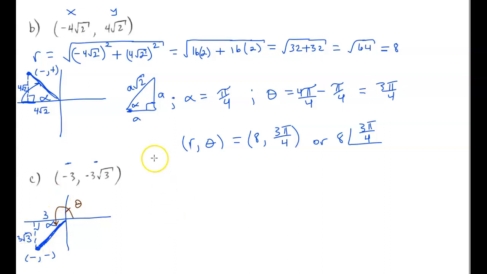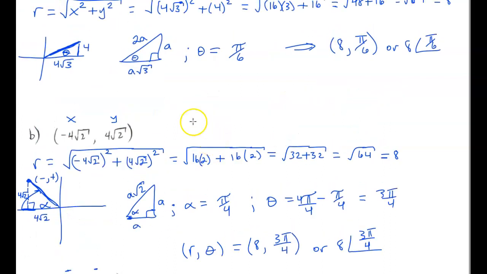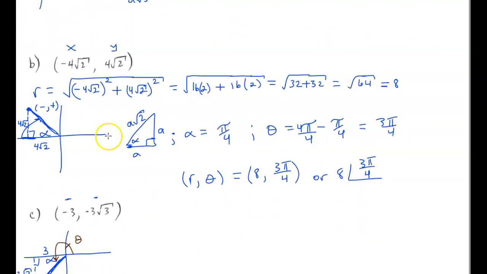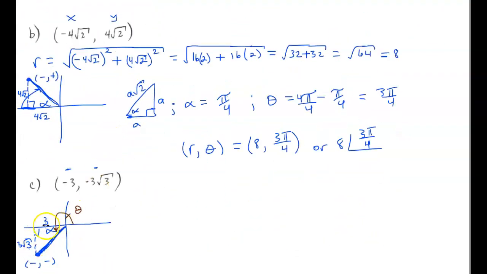So this is very much like the first example where we had the y coordinate being 4 and the x coordinate being 4 times square root of 3. This looks kind of similar to that. This is your alpha, so we know that this is a 30, 60, 90 right triangle.